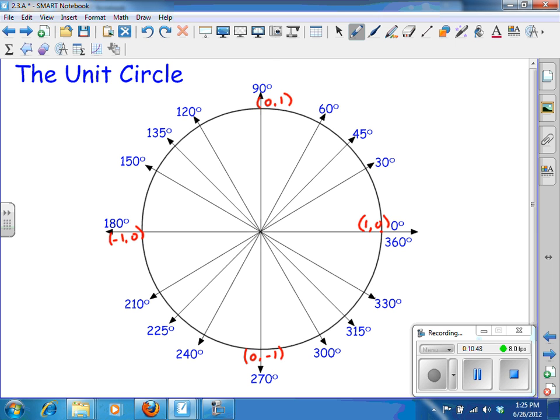So the cosine of 0 is 1. The sine of 0 is 0. The cosine of 90 is 0. The sine of 90 is 1. So if I knew the coordinates of these points, I would know the sine and cosine of all these different angles. This is a special circle with special angles on it. All of the angles on this circle have reference angles of 30, 45, or 60 degrees.